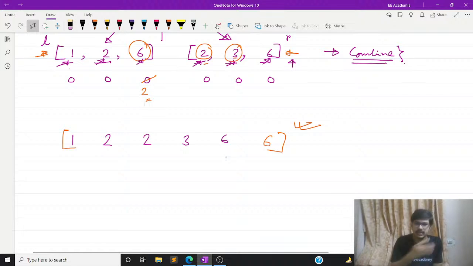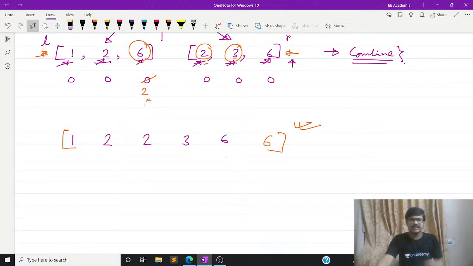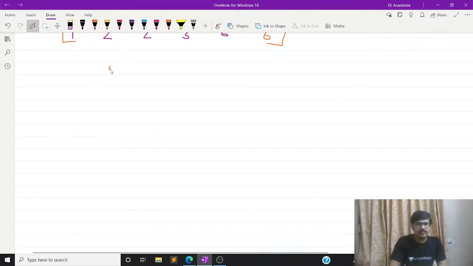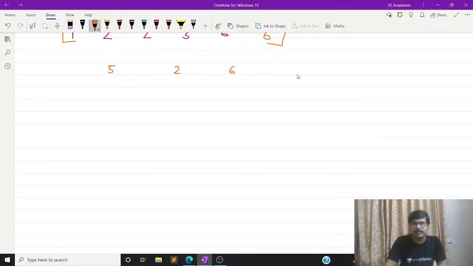So what I will do is I will try to explain it using a smaller example maybe. Let's take the example we had initially, like this array. Try to understand it very clearly. If you have any doubts at any point, tell me.